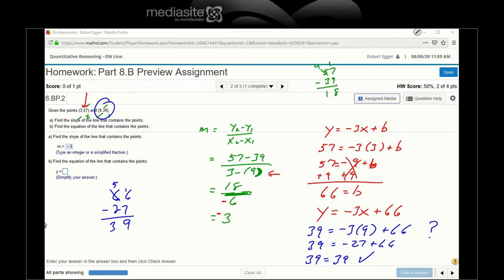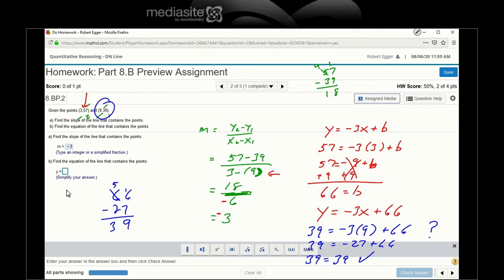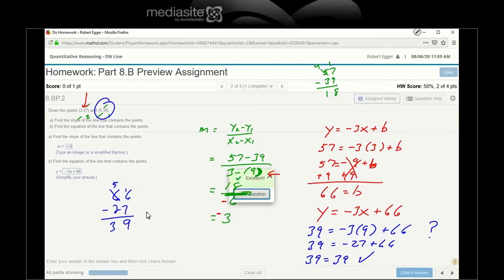Yes. So y equals minus 3x plus 66, and that was correct.